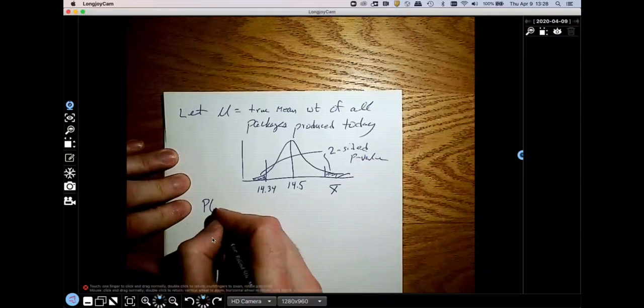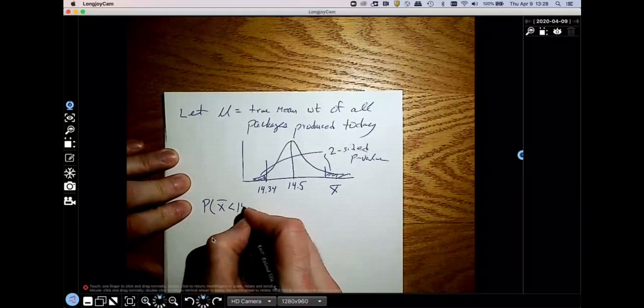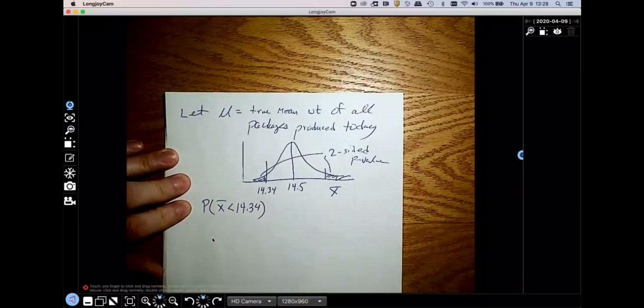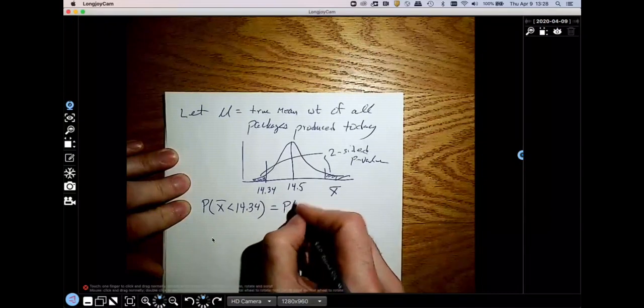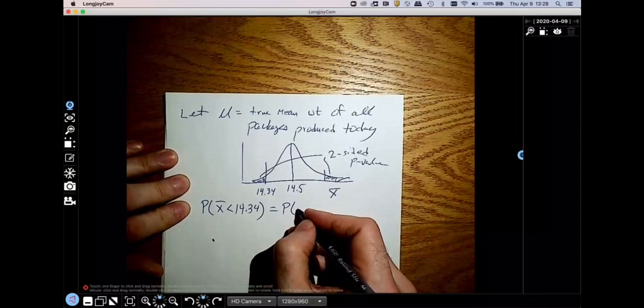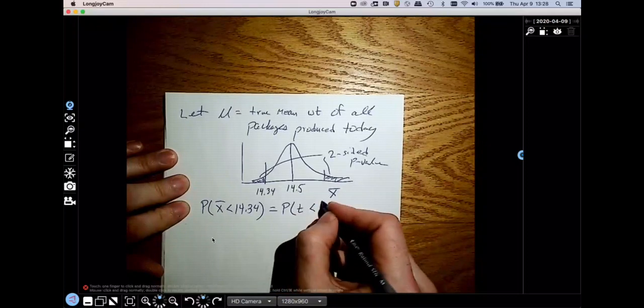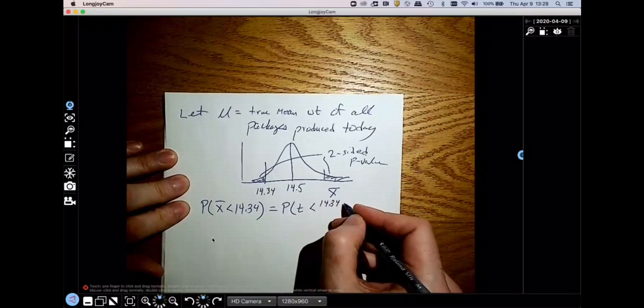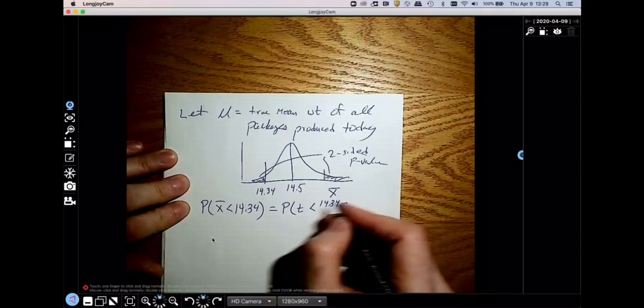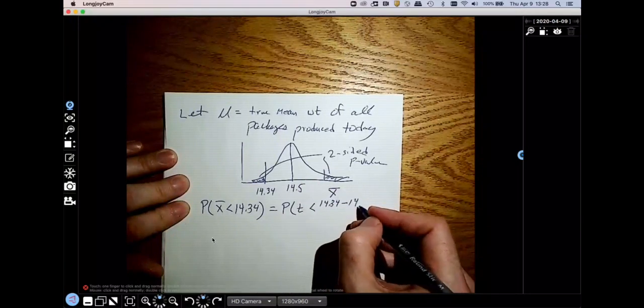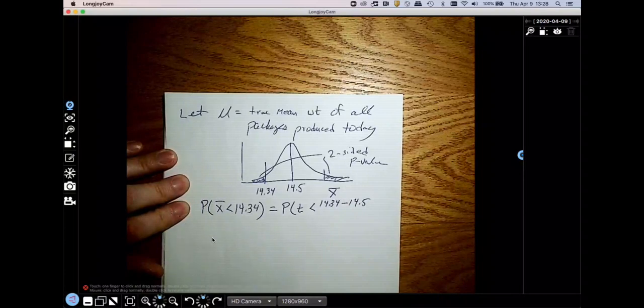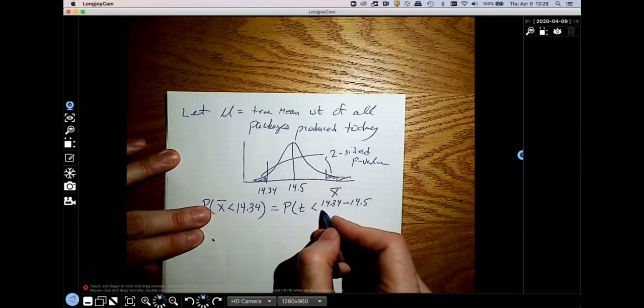So how do we find that? What is the probability of observing an X bar less than 14.34? Well, this is just going to be the probability that I observe a t statistic that is less than 14.34 minus the mean. Well, what's the mean? It's 14.5. And I need to divide by the standard deviation of X bar.